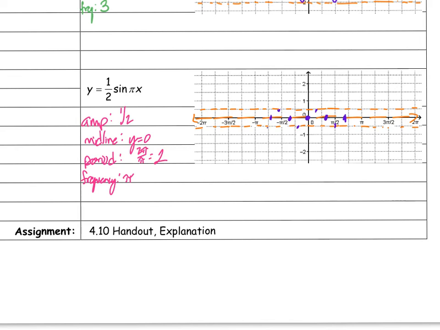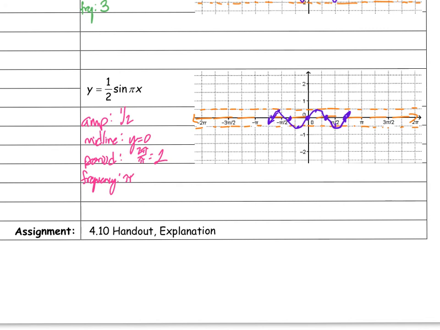So here we go. Usually helps if you hit the points when you're graphing this. Okay. So there you go. Sorry, I was trying to make my arrow better. There you go. So that is how we graph these.